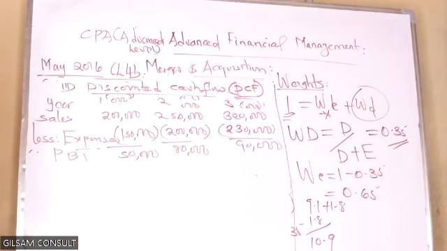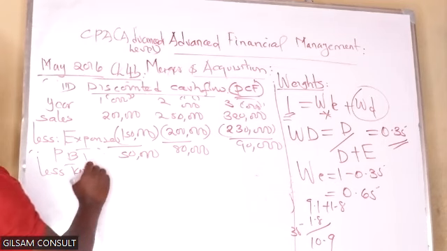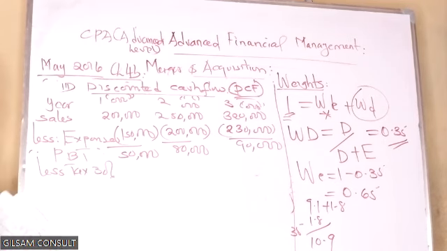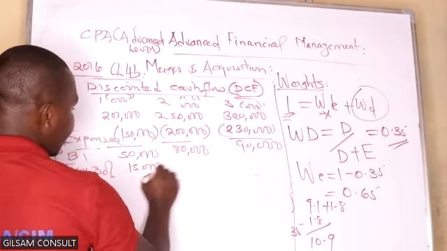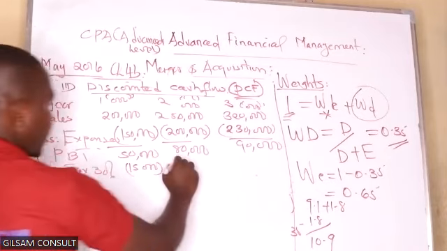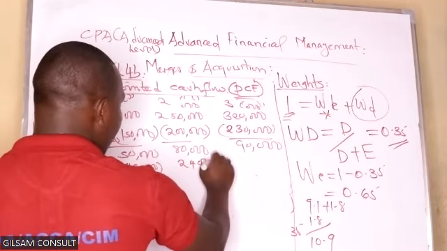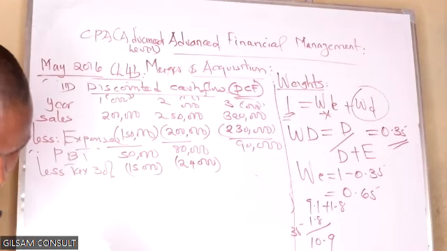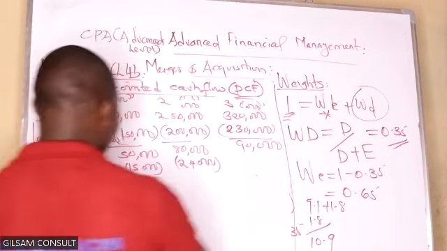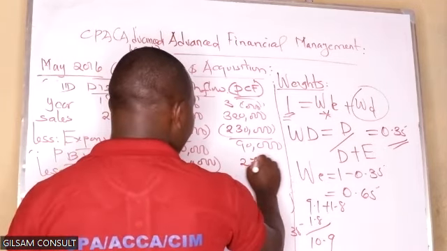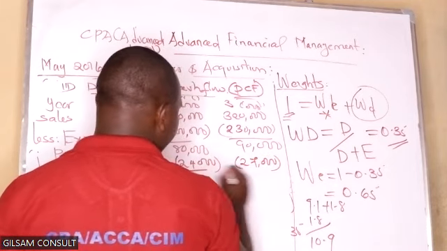Then we can less the tax, which will be 30%. 30% of this is 15,000. 30% of this one is 24,000. Then 30% of this one is 27,000.